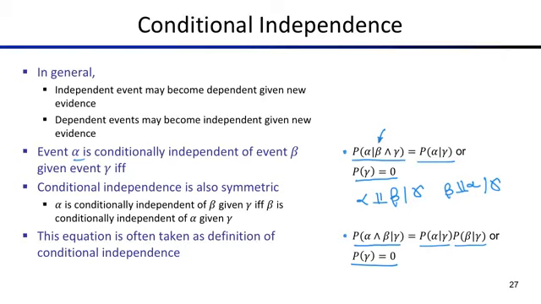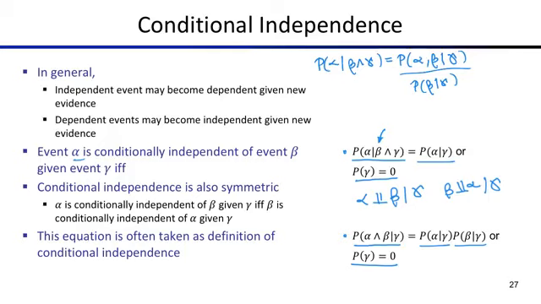And of course, we can prove one property from the other. For instance, we can start with the probability of alpha given beta and gamma, and that's equal to the probability of alpha and beta given gamma divided by the probability of beta given gamma.